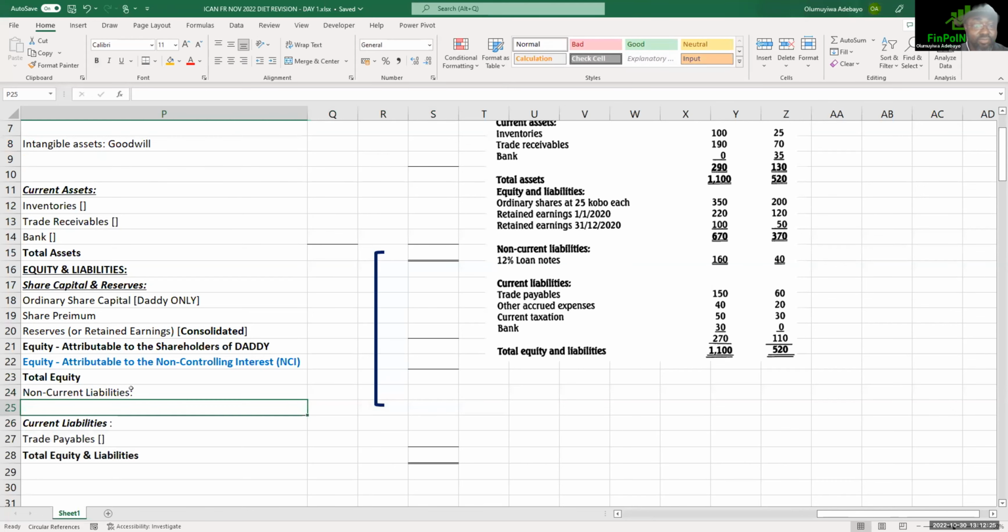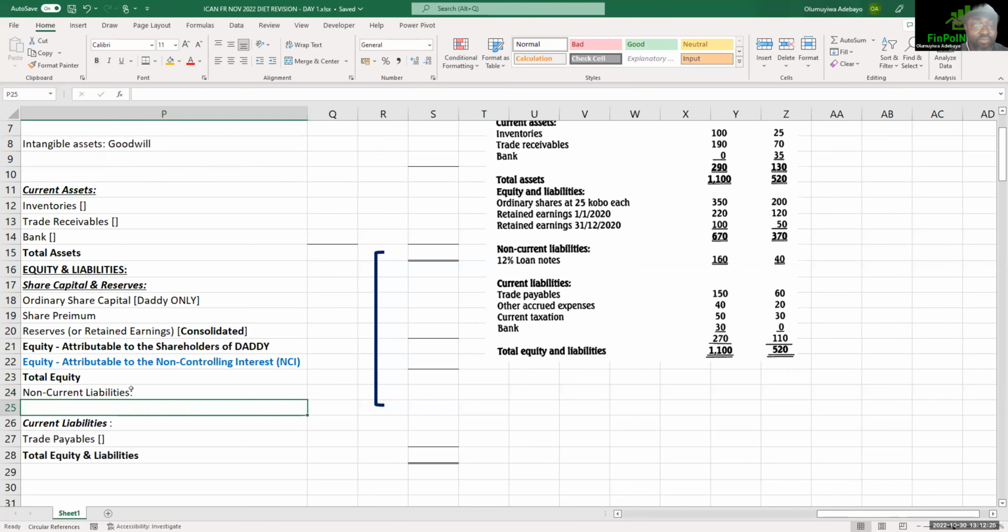Therefore, add 50 and subtract 20. I'll put them in red. Take notes, and they flow from that place, you can trace it.